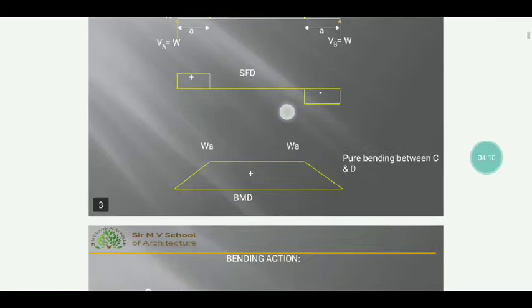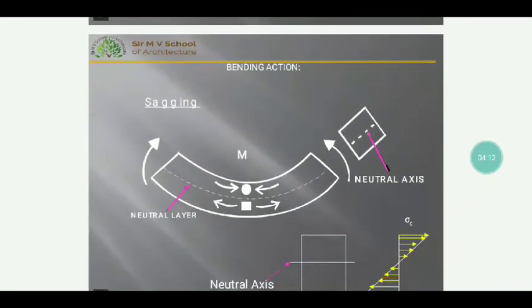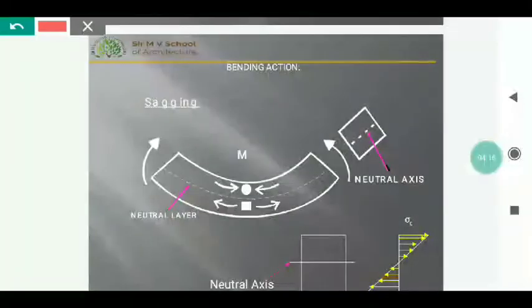Whenever the beam bends into an arc of a circle, in the case of a simply supported beam, the bottom fibers extend and the top fibers decrease. So the bottom fiber is subjected to tension and the top fiber to compression. But when you observe the middle layer, it is a neutral layer where there is neither compression nor tension.